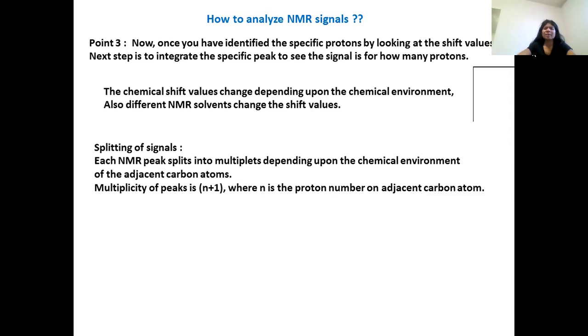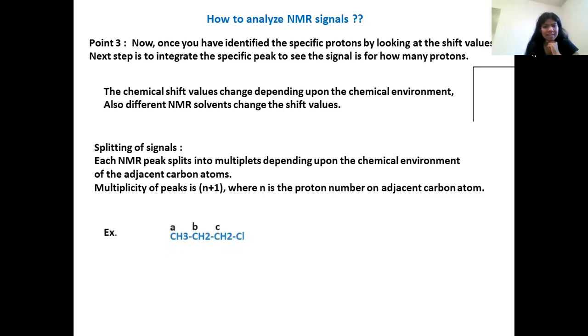You will have an idea about the splitting of the signals by looking at the adjacent carbon atoms. There is a rule for the splitting of signals: the multiplicity of the peaks is n plus 1, where n is the proton number on an adjacent carbon atom.